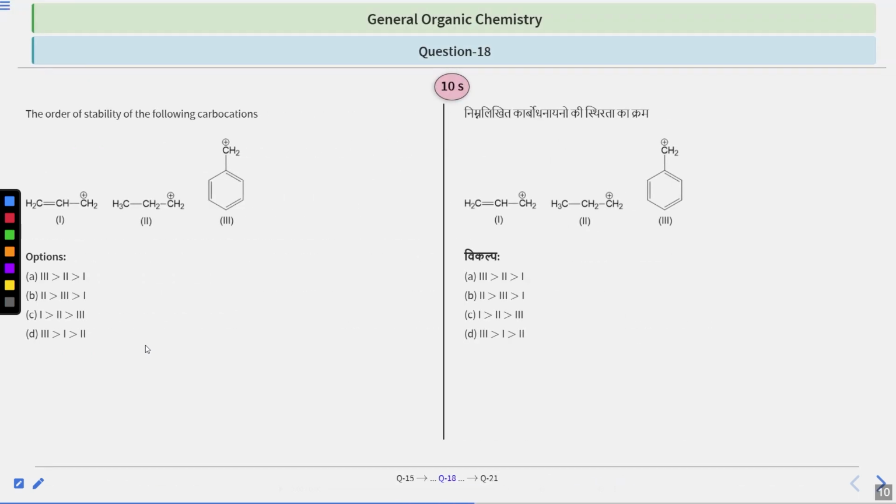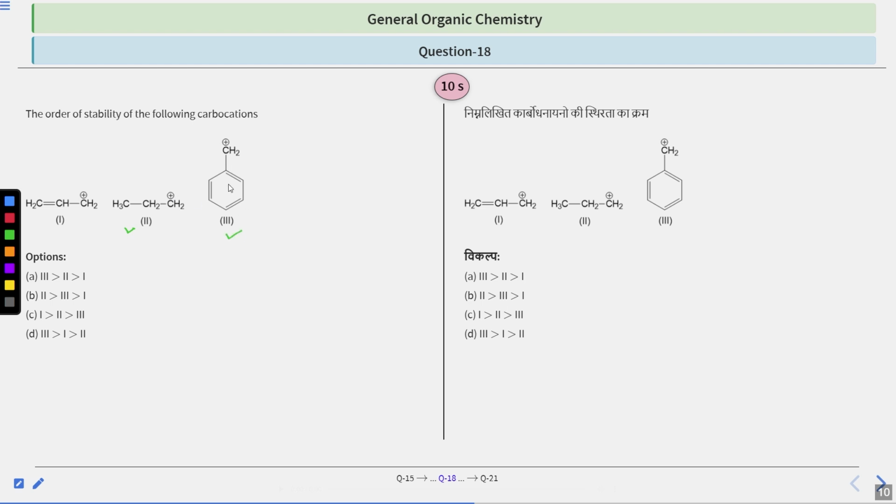Question number 18. The order of stability of the following carbocations is. So we have been given some carbocations. The first one is this, in which 3 carbons are present. Between 2 carbons we have a double bond, and the third carbon has the positive charge. This is the second carbocation, in which no double bond is present, 3 carbons are present, and on the third carbon the positive charge is present.